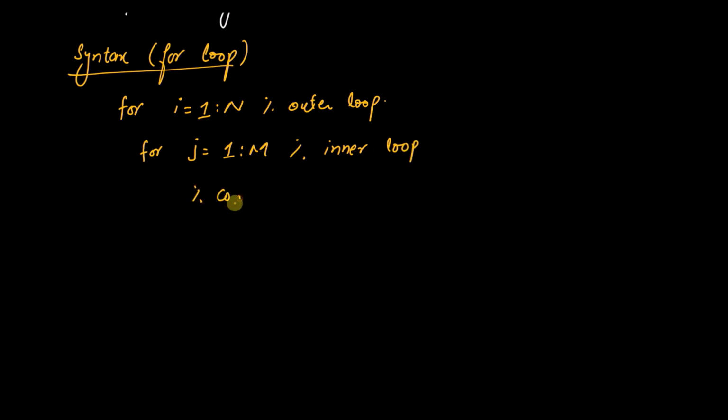Next, we have some code to be executed. And finally, we have the end of the inner for loop and the end of the outer for loop. That is a very simple syntax of a for loop.